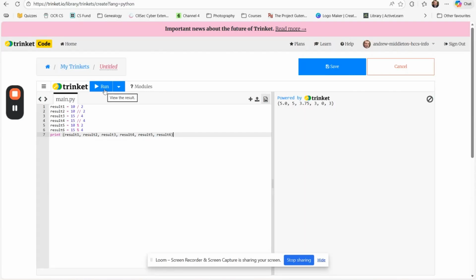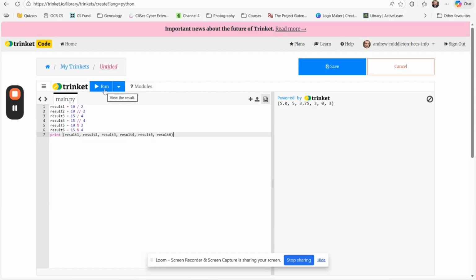So 10 divided by 2 is 5. 10 double-slash 2 is also 5. 15 divided by 4 is 3.75, whereas 15 double-slash 4 is just 3. So does that tell you what the double divide is doing? And then 10 % 2 is 0, whereas 15 % 4 is 3.